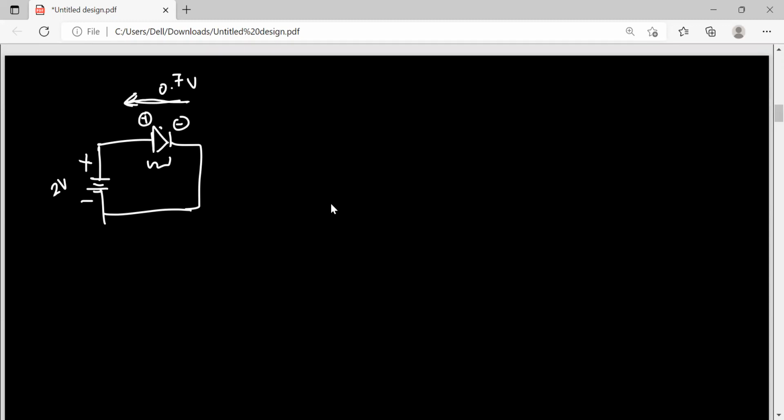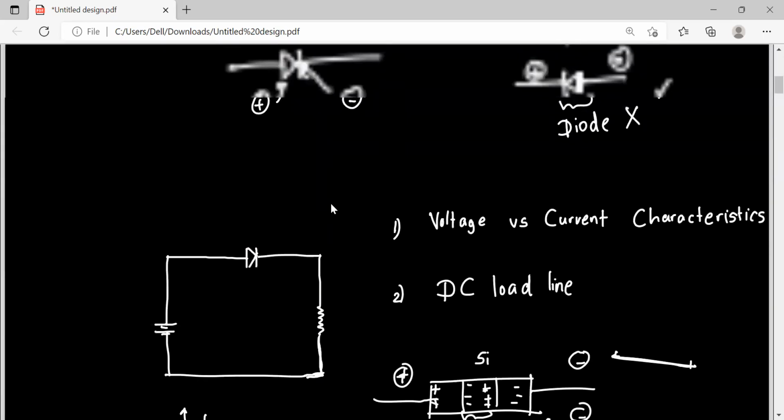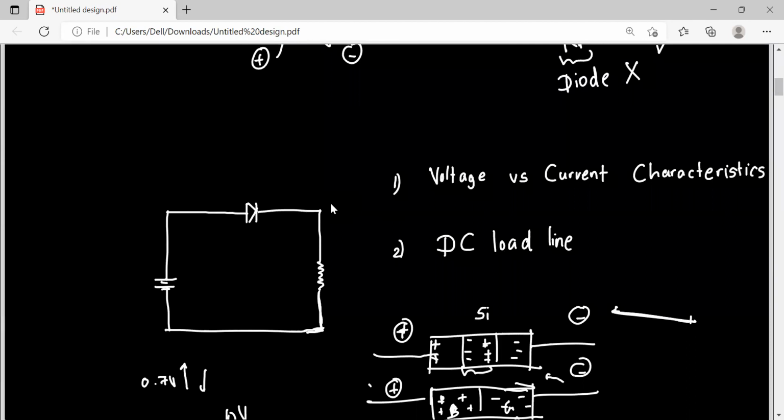So how can we make this circuit better so it can handle a higher voltage? Let's say you are providing 2 volts. It's not much higher than 0.7 volt, but the diode can't handle that. So what can you do? What we are going to do is connect a resistor R in series. Let's make this diode silicon, and the source is 2 volts.